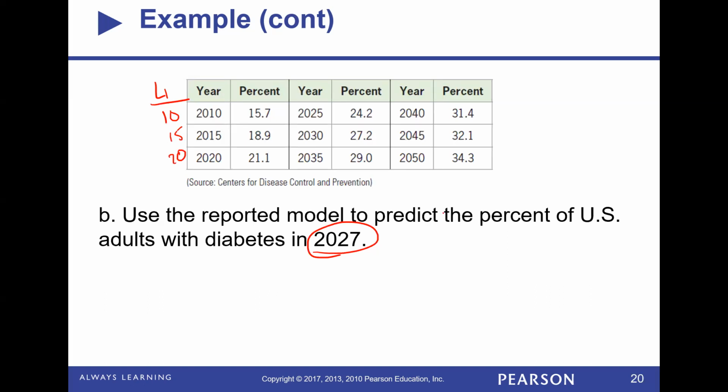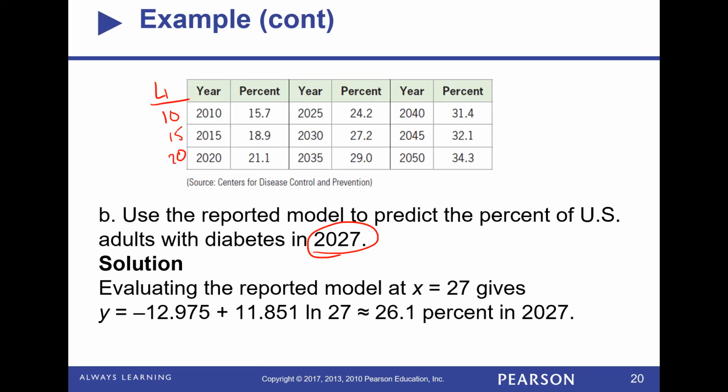So in order to plug something into the model, you're going to have to plug in something besides 2027. Our model's year 0 was 2000, so 2027 is 27 years later. All I have to do is plug that into the calculator with my model itself.